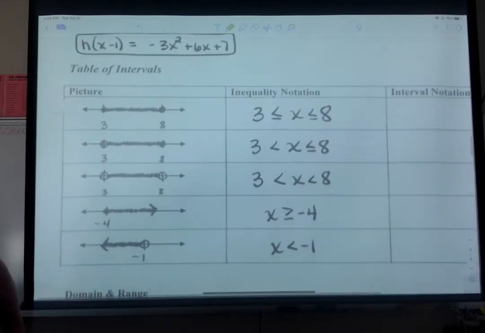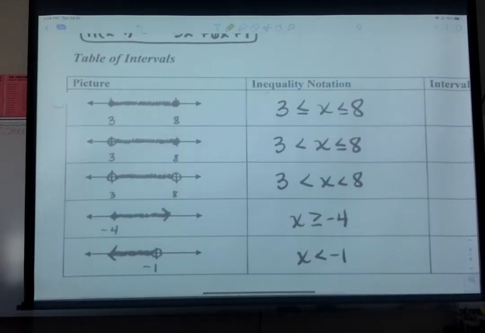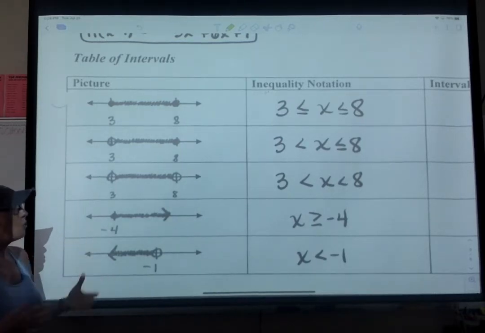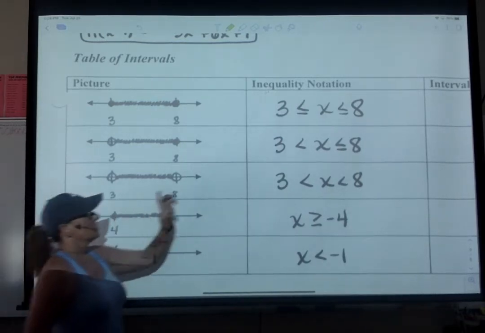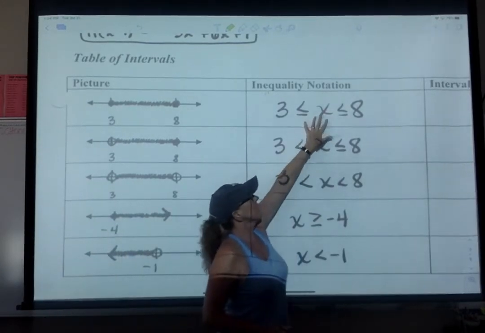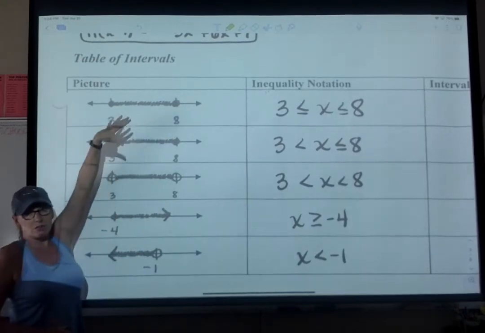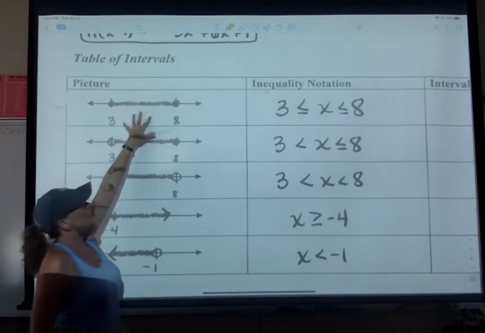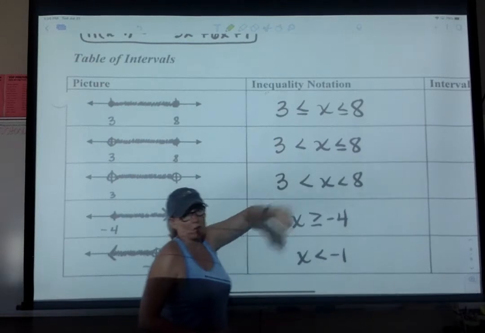Now, this is where I think I get to show you something new. So, you all have had quite a bit of experience graphing things that look like this. So, looking at this, drawing the graph. You've also had experience looking at a graph, coming up with the inequality.